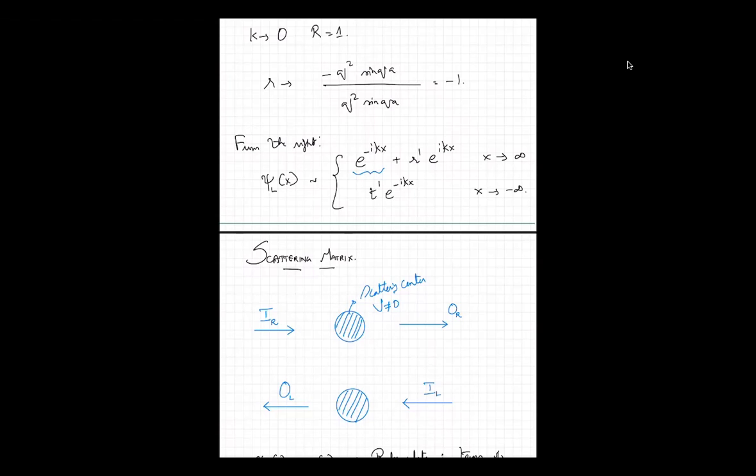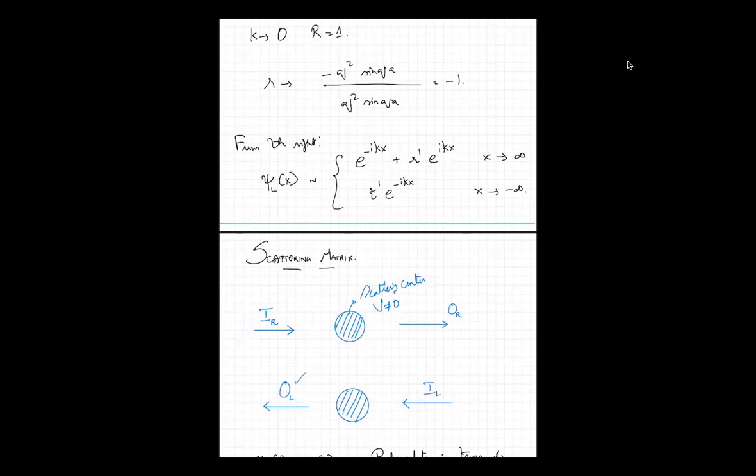If I throw the wave from the right, it represents an ingoing wave traveling to the left, and the portion that is reflected represents an outgoing wave traveling to the right. And if you look at the t prime e to the minus ikx portion, that represents an outgoing wave traveling to the left.